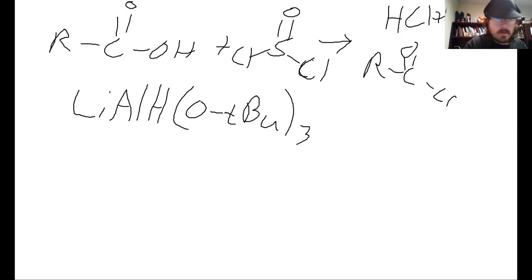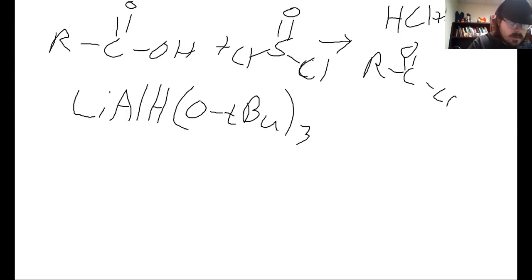So there are going to be negative sources donating into the aluminum, but they're also going to be steric bulk. So we're going to only have one hydride that can transfer. With lithium aluminum hydride, we could transfer multiple hydrides, and that yields the fully reduced alcohol.